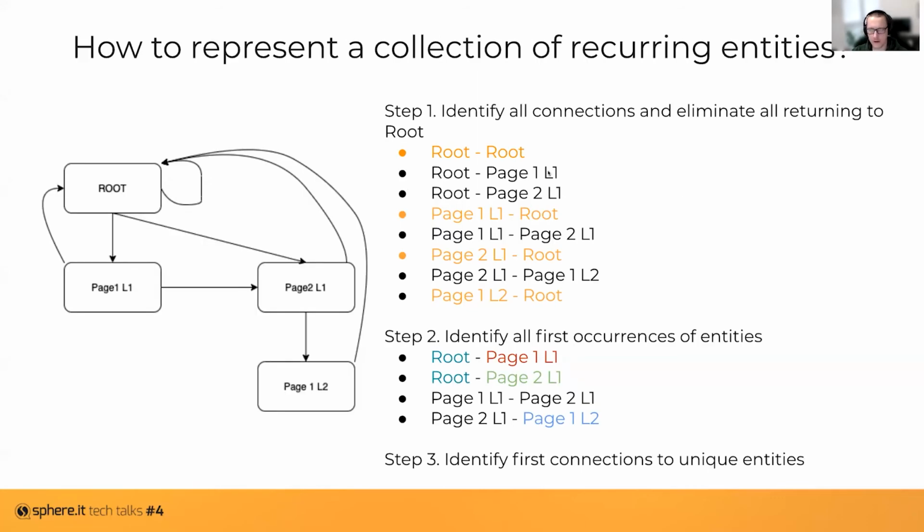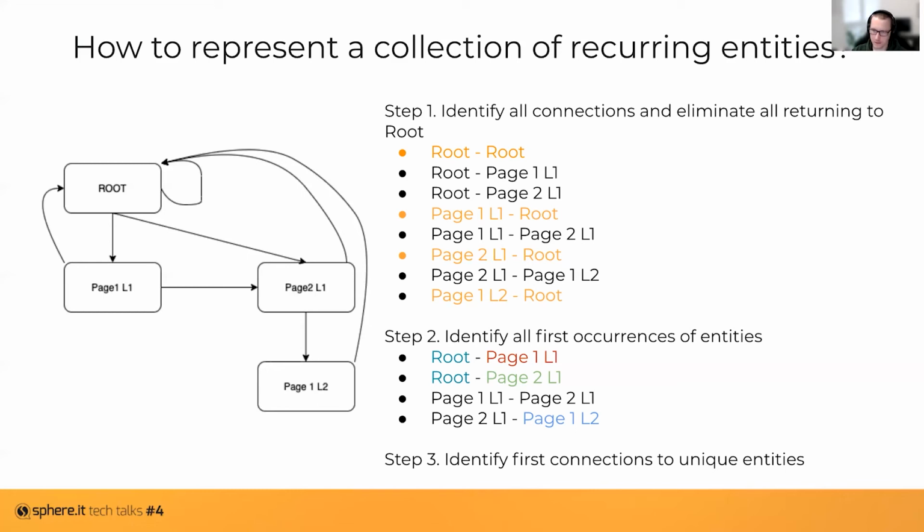All of the connections are listed below, and we can see that the connections outgoing from page 1 level 1, page 2 level 1, and page 1 level 2, and also from root are going back to root. So we've marked them with orange color.